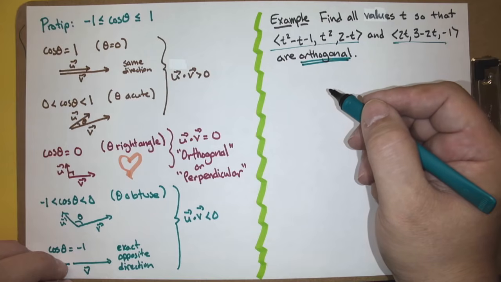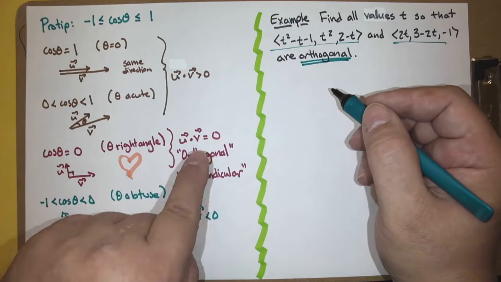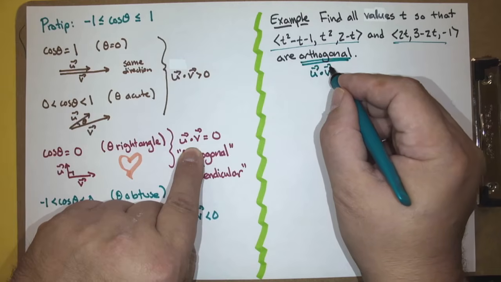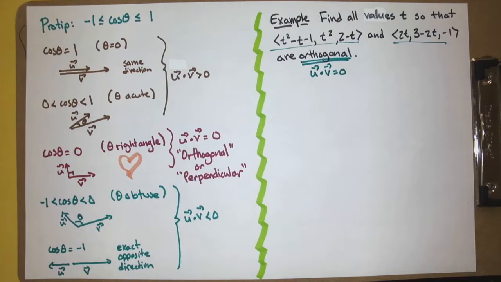What's your go-to? Right angle. Orthogonal says, hey, we really want their dot products to be 0. So if you hear orthogonal, a little light in the back of your head should turn on: dot product is 0, dot product is 0, dot product is 0. That's how we're going to do our orthogonality.